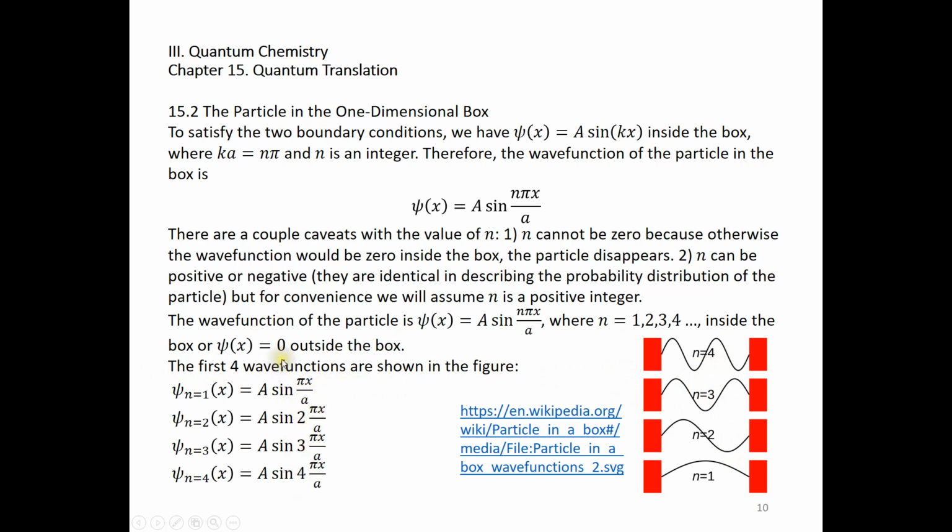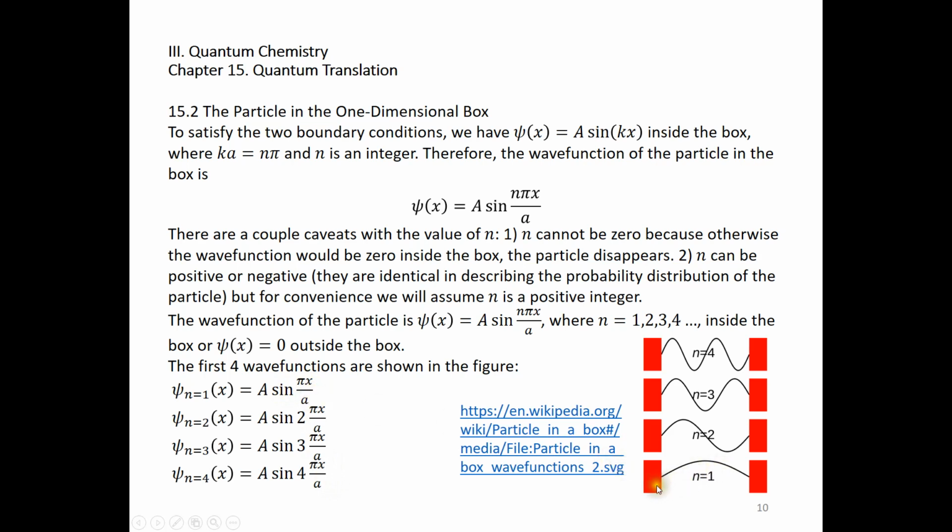Let's look at the math functions. When n equals 1, the wave function is A times sine pi x over a. When n is 2, it's sine 2 pi x over a. When n is 3, we have sine 3 pi x over a, and then we have sine 4 pi x over a. Now let's examine sine pi x over a.